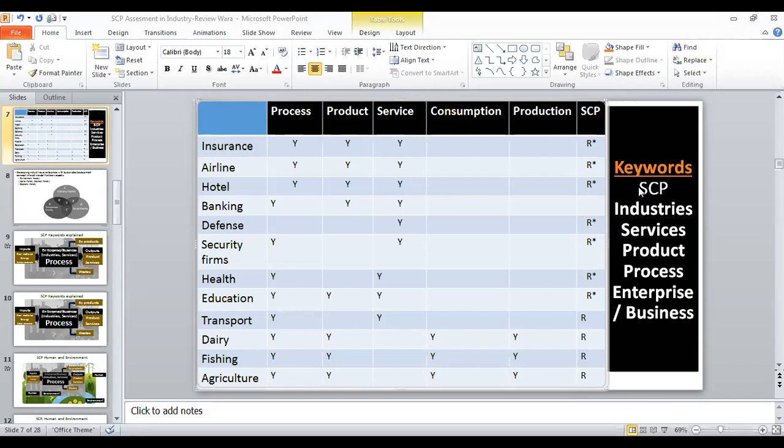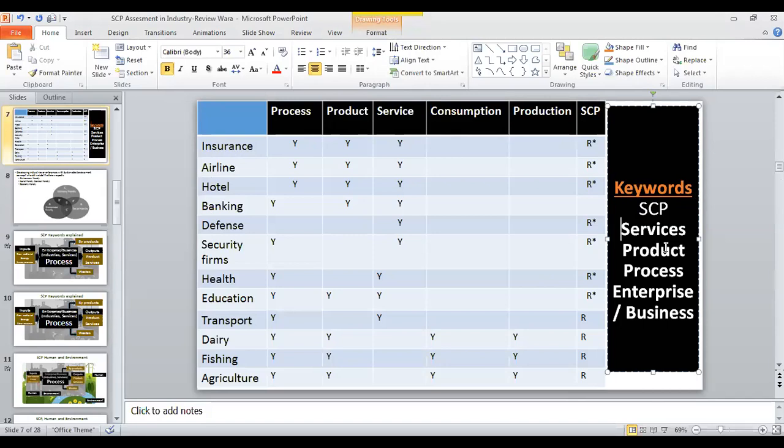And the keywords are here on the right. SCP. Industry word, I have not used the word industry here. Services, products, processes, okay? And the other keywords, consumption.